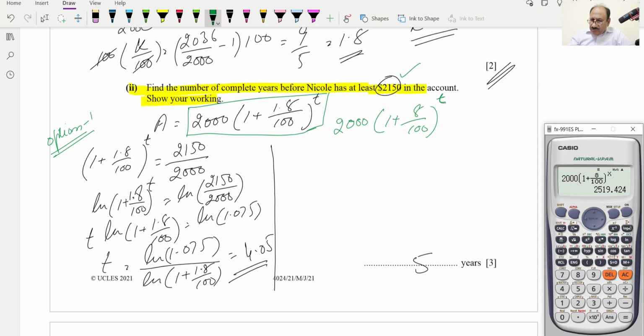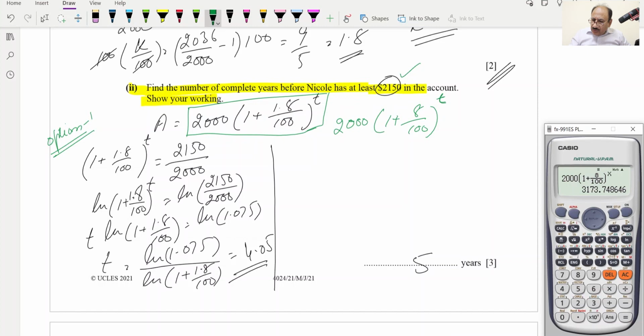So we will check for 6. Calculate for x equal to 6, and it gives us 3173, which is a lot more than 2150.